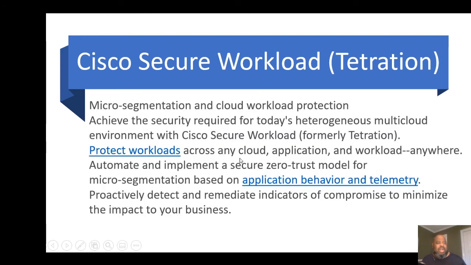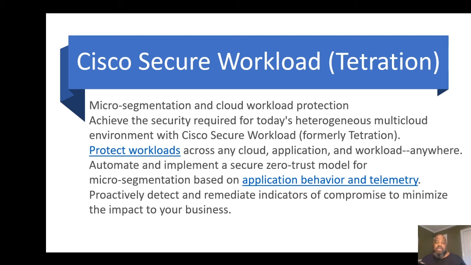So workload is micro-segmentation and cloud workload protection: achieve the security required for today's heterogeneous multi-cloud environment with Cisco Workload, formerly Tetration. It protects workloads across any cloud, application, or workload anywhere, and implements a zero trust model for micro-segmentation based on application behavior and telemetry.